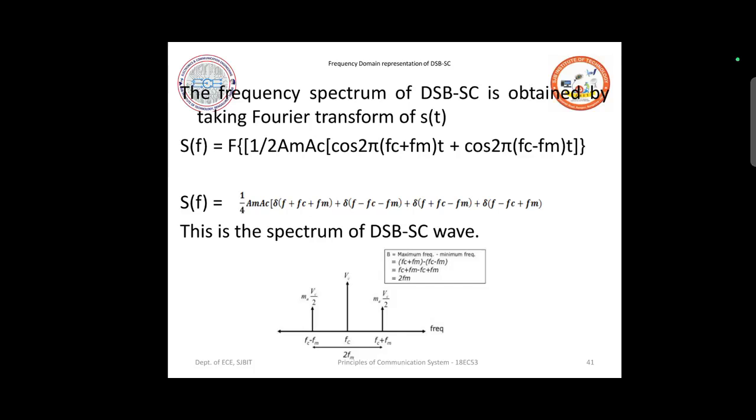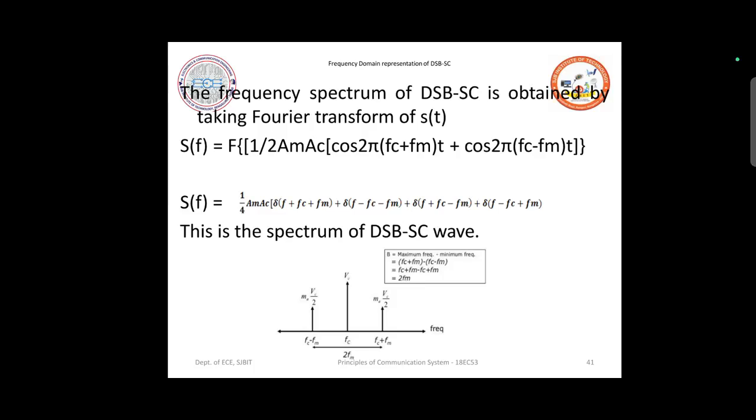Okay. How do you write the frequency domain representation of it? Now this is easier because you've got two cos components there, and the frequency values are fc plus fm and fc minus fm. So what you will have is 4 deltas appearing: delta of f minus (fc plus fm), plus delta of f plus (fc plus fm), similarly plus delta of f minus (fc minus fm), plus delta of f plus (fc minus fm).